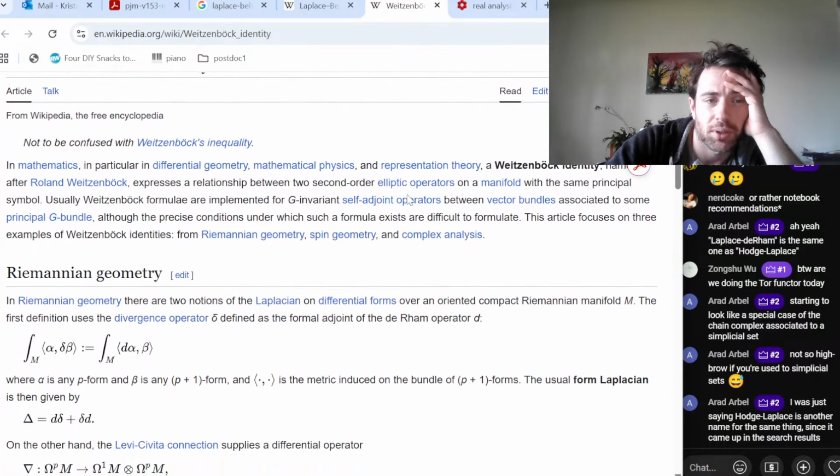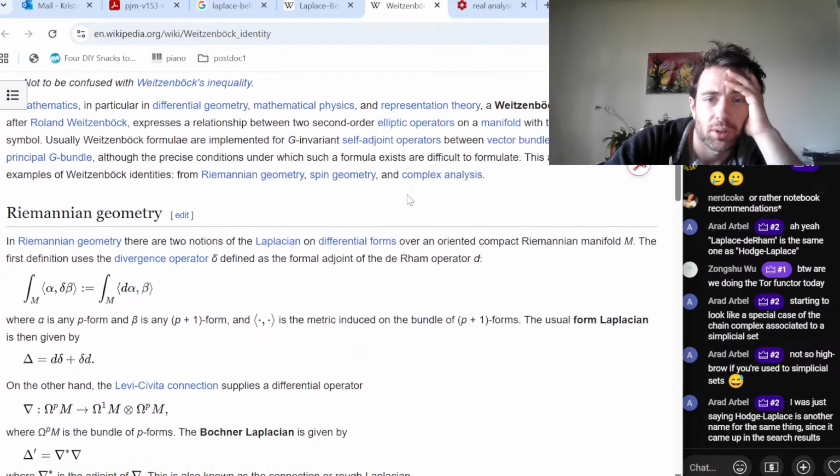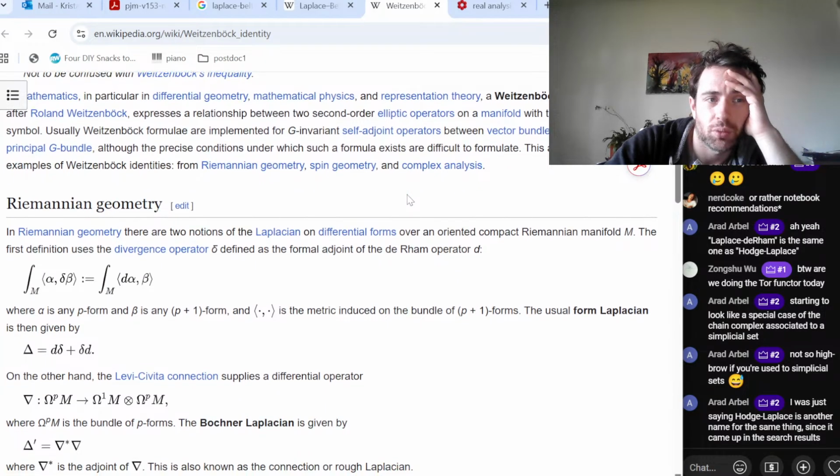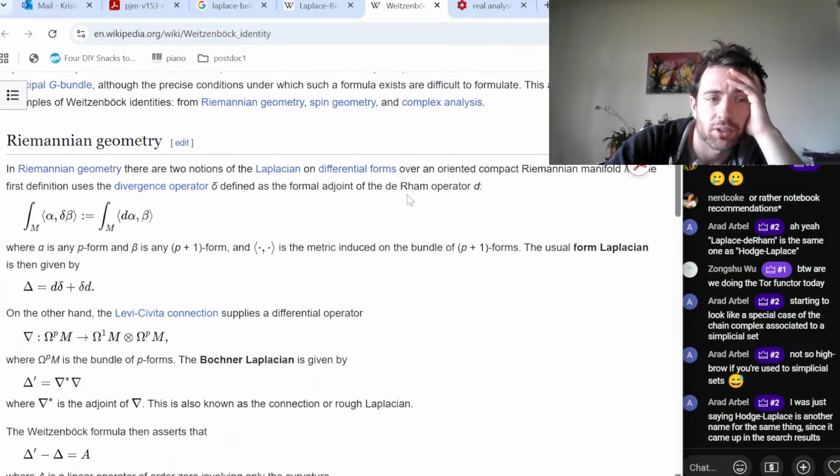Weitzenböck. Mathematics, differential geometry, elliptic operators on a manifold with the same principal symbol, G invariant, between vector bundles associated to some principal G bundle. Interesting.